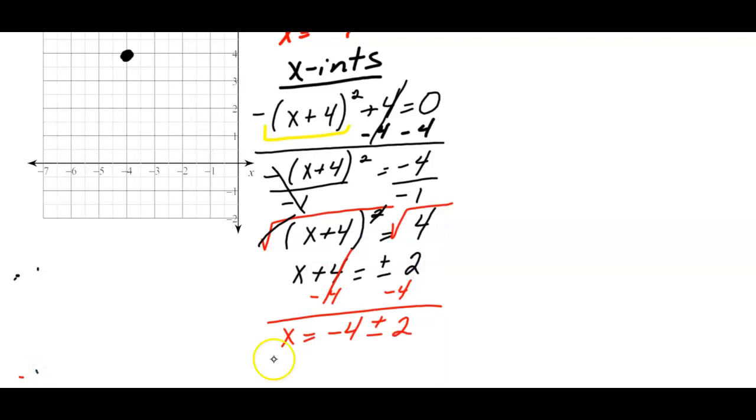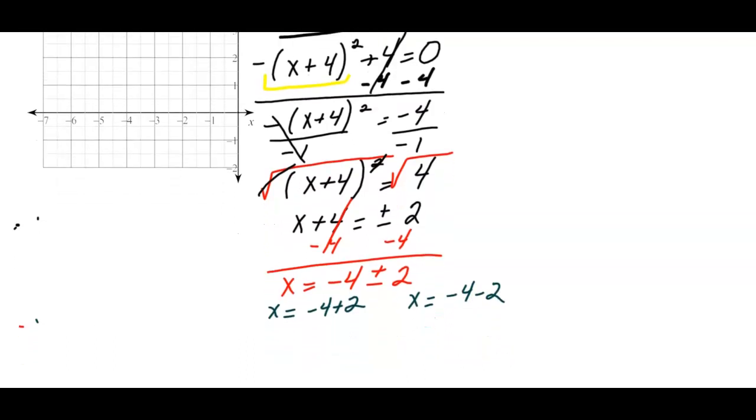So you have x equals negative 4 plus 2, and you also have x equals negative 4 minus 2. Because that plus or minus 2 actually represents two different numbers, positive 2 and negative 2. And then you just figure these out. So x equals, well, negative 4 plus 2 will give me negative 2. X equals negative 4 minus 2 is negative 6.